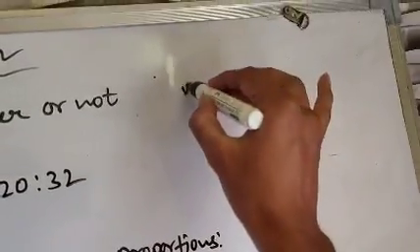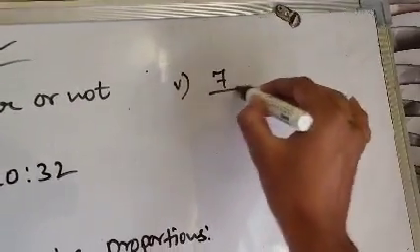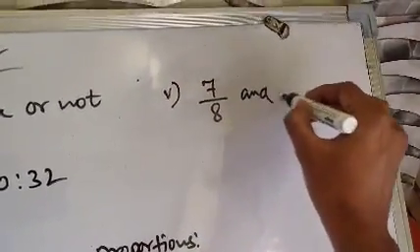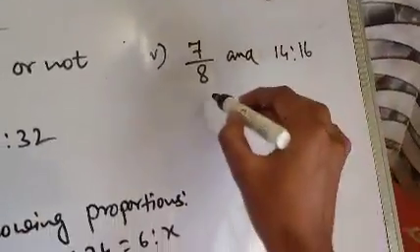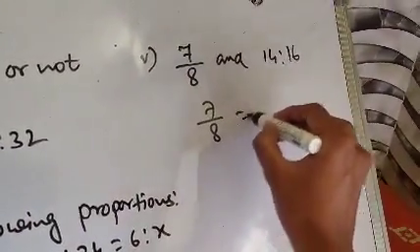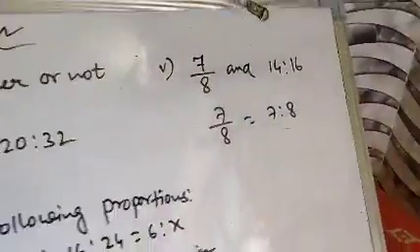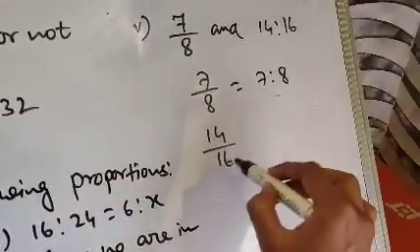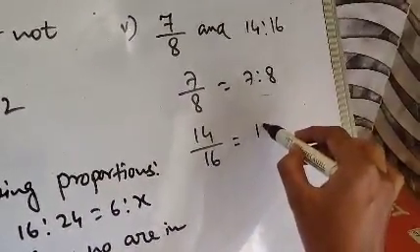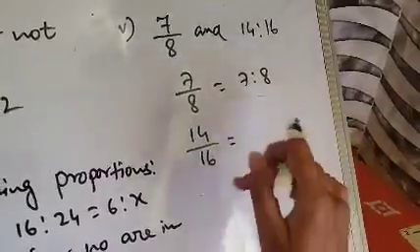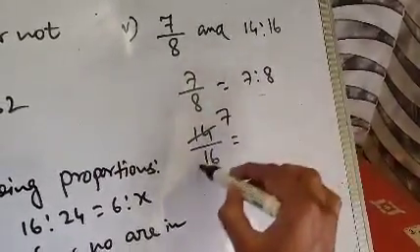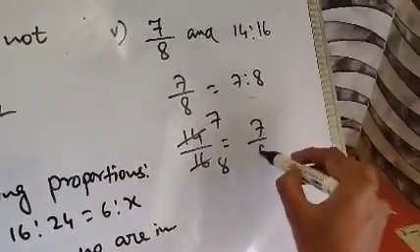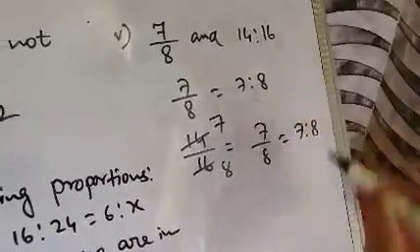Question number 5, 7 by 8 and 14:16. Now 7 by 8 cannot be reduced, so it is 7:8. 14 by 16, if you reduce 14 by 16, 2 7s are 14, 2 8s are 16, it is 7 by 8, that means it is also 7:8.